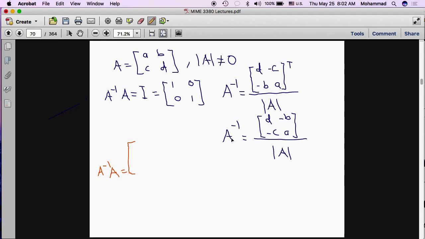For row 1, column 1, we go to row 1 of the first matrix, column 1 of the second matrix, and multiply them one element at a time, which means D gets multiplied by what?